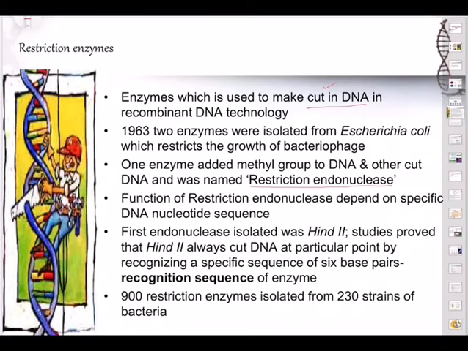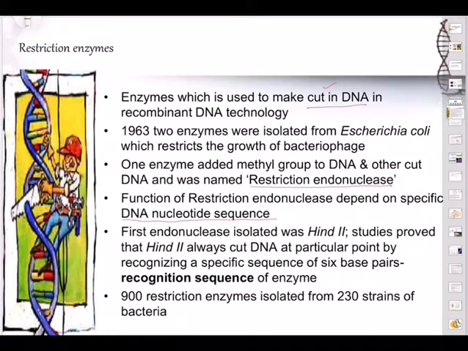The function of restriction endonuclease depends on a specific DNA nucleotide sequence. It is not that the restriction endonuclease can cut DNA wherever it likes. It's not so. A particular nucleotide sequence should be there, then only it will cut. It can cut at a particular point, or at the ends, either the beginning or the last. So it is not that it can cut anywhere.